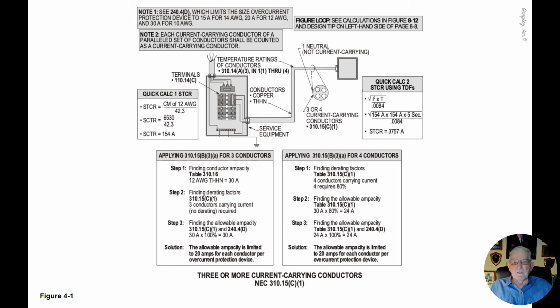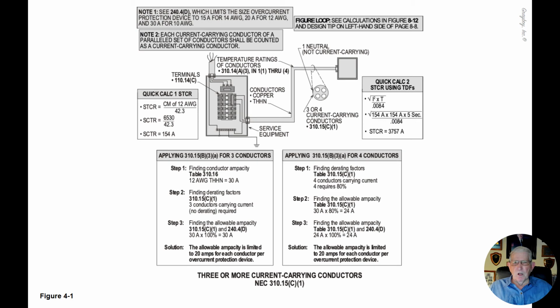Now, notice in the boxed in information where it has quick calc 1, this is exactly what the test taker would do if they should ask what is the short time current rating of a conductor. The short time current rating is equal to the circular mil of a number 12 AWG wire divided by 42.3.